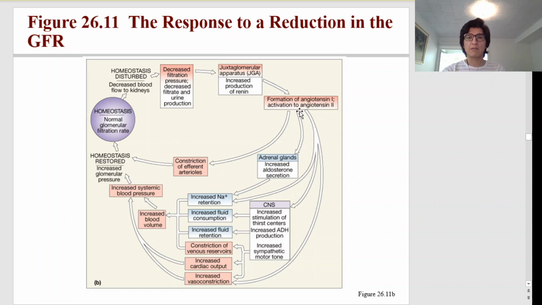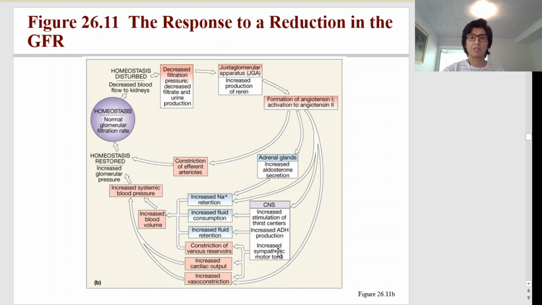There's also the release of aldosterone. Aldosterone eventually increases the retention of sodium. We retain sodium, and we're able to retain more water as well. That leads to increased blood volume, increased blood pressure, and so forth. There are also other mechanisms that involve the central nervous system, which include thirst, increased water consumption, and increased fluid retention.